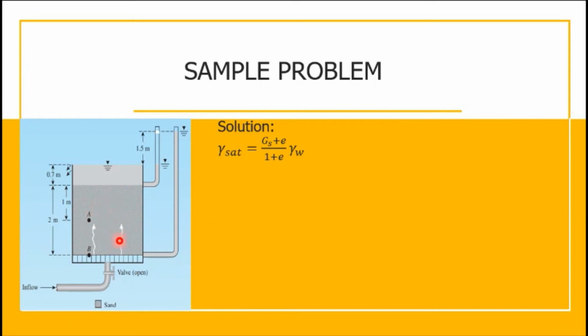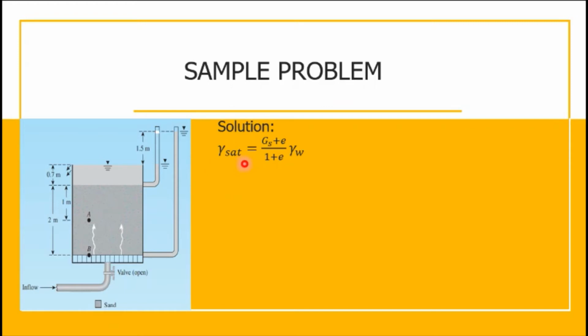So in this scenario, this is a saturated soil because it is below the water surface. So this will be saturated unit weight. So in order for us to solve for the saturated unit weight, where specific gravity and void ratio are already given, we just have to substitute in the formula using this equation.